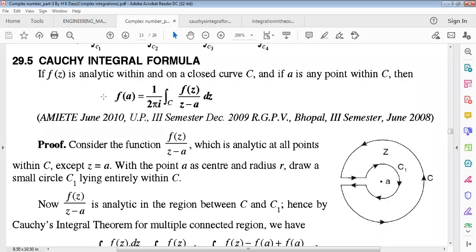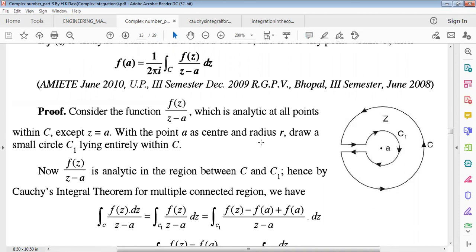Actually, this statement is called Cauchy's integral formula, and we can see it in the slide.